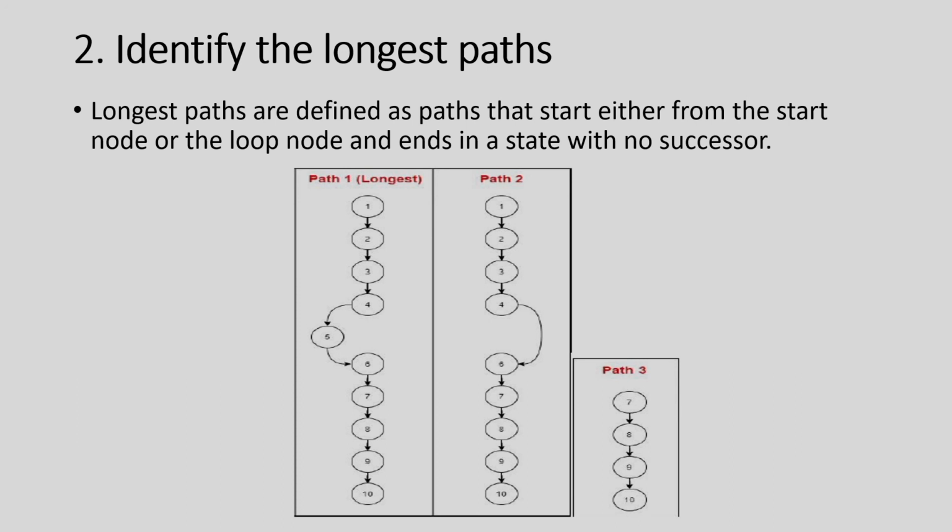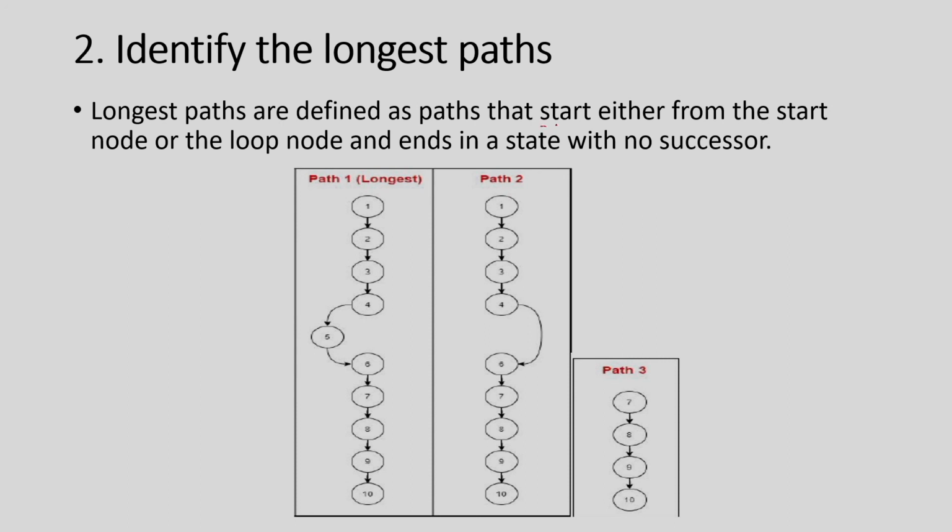But I should also consider paths that start from a loop starting point. Because if I do not consider such paths, then the repetition of the loop body will be lost. So, we need to consider two types of paths: the paths that start from the start node and end at some node where there is no successor node, and also the paths that start from the loop starting point. So, there are two types of longest paths here.